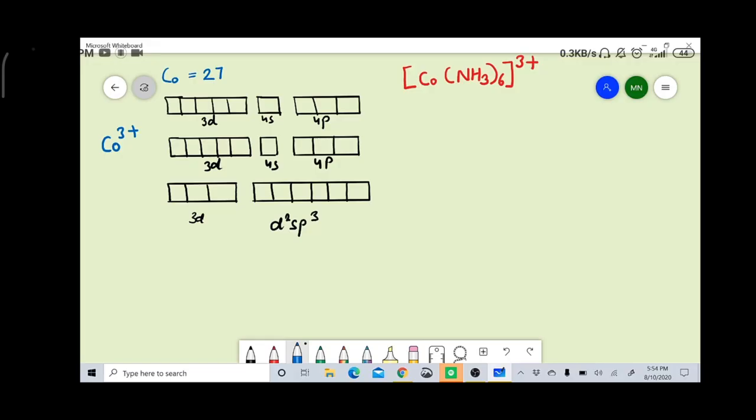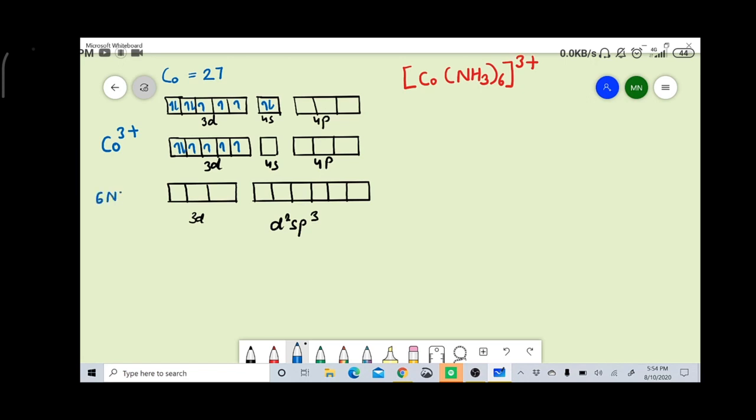This is an example of an octahedral complex of cobalt. The electronic configuration of cobalt atom is 3d7 4s2, and cobalt is in a tripositive cationic state in this complex, and the electronic configuration of the cobalt cation is 3d6.